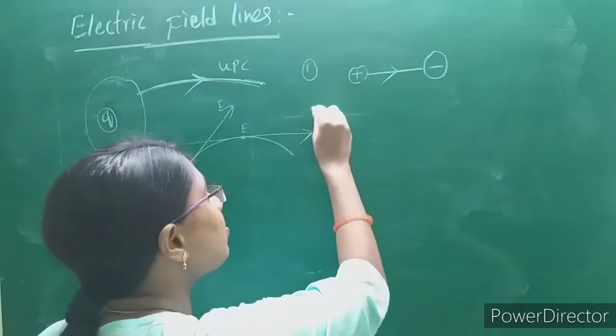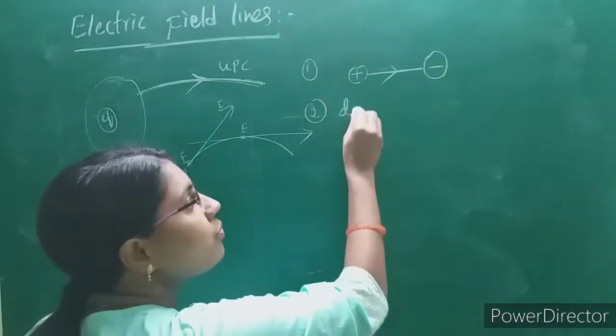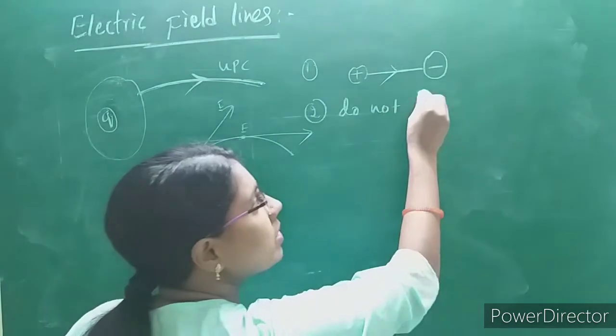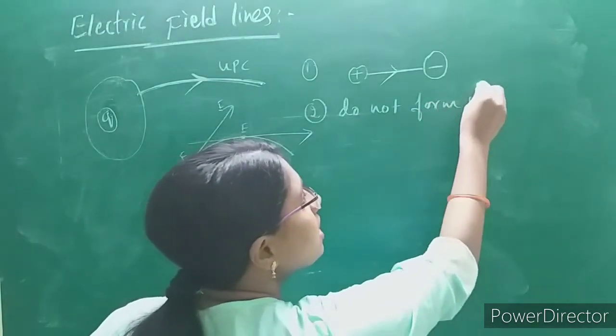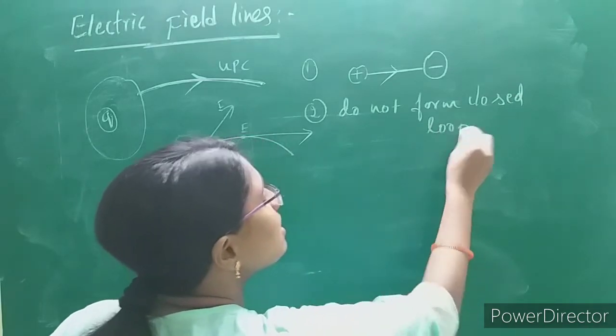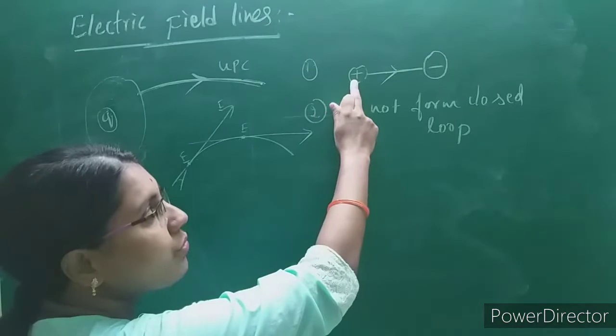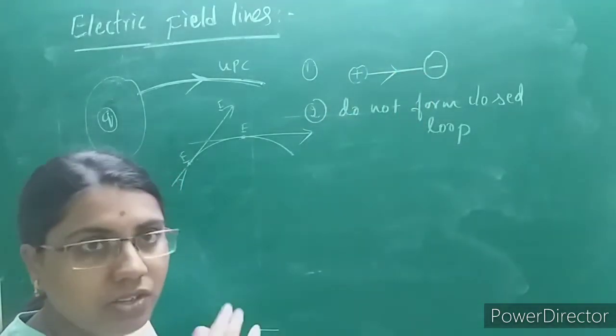The second property is that electric field lines do not form closed loops. How do we say they do not form closed loops? Go to the first property. I have told you electric field lines start from positive charge and end at negative charge, right?